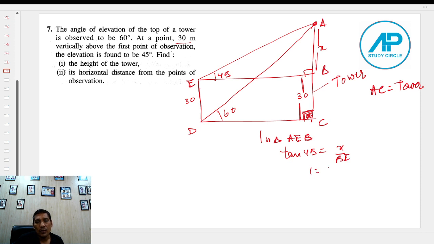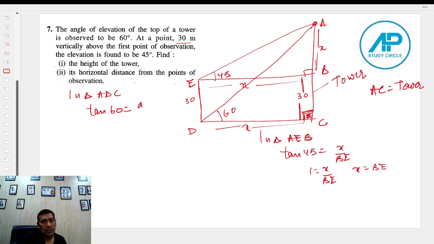So 1 equals X upon BE, or X equals BE. That means this value is also X. So this value is also X. I've got a relation: AB, BE and CD are all equal. Now why that? I've got a triangle ADC.